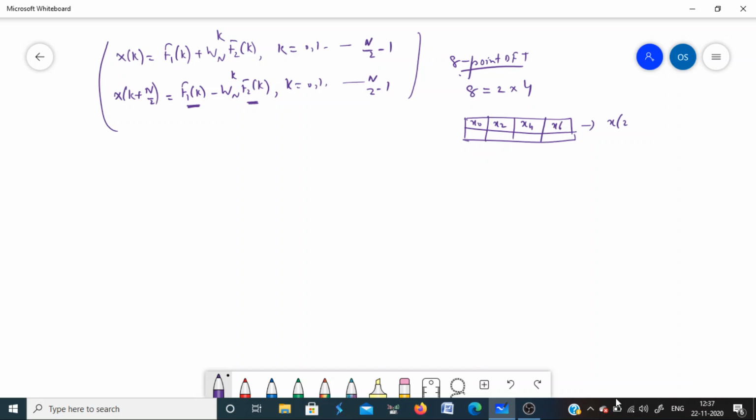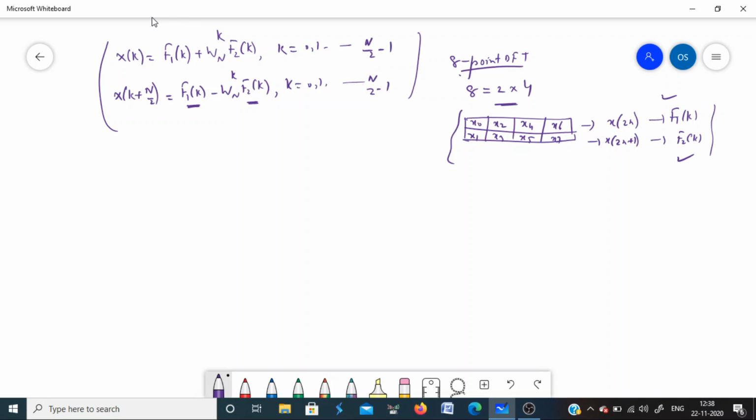This is one sequence, which is x of 2n, and the DFT of this is F1k. The second sequence was the odd samples x1, x3, x5 and x7, which is x of 2n plus 1, and the DFT of this is F2k, suppose. So if you know F1k and F2k, you can combine them to get Xk, which is the 8-point DFT of this sequence.